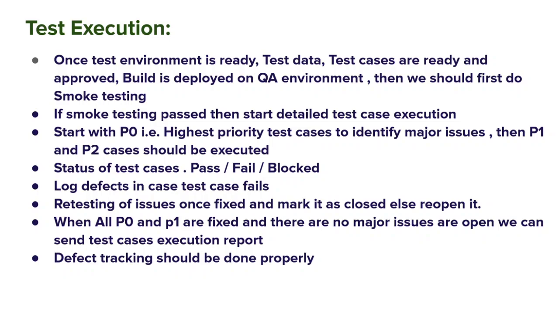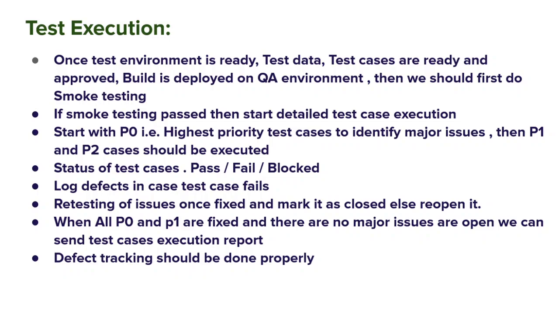So we should start with P0, the highest priority test cases. Why should we do that? Because when you execute the P0 test cases first, it helps you identify the major issues in that build very early. Once you identify major issues early, you should inform the developer immediately so they will fix those P0 issues. If you don't execute P0 cases at the start, what will happen? If you execute some of the P0 test cases in later stages and find an issue, then that P0 issue would be a blocker.